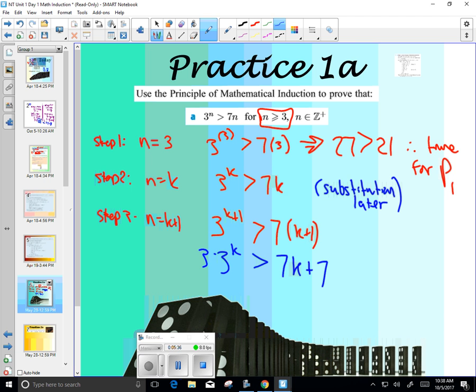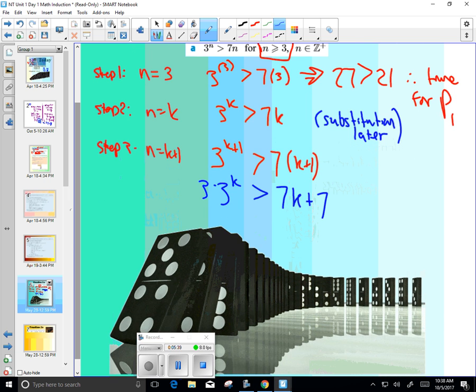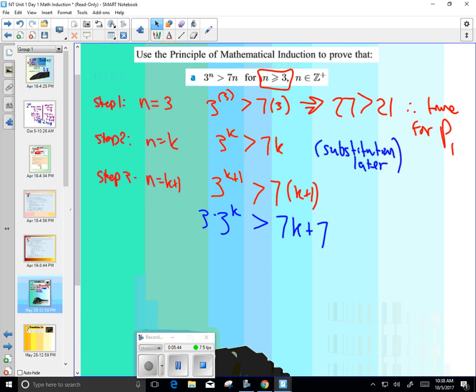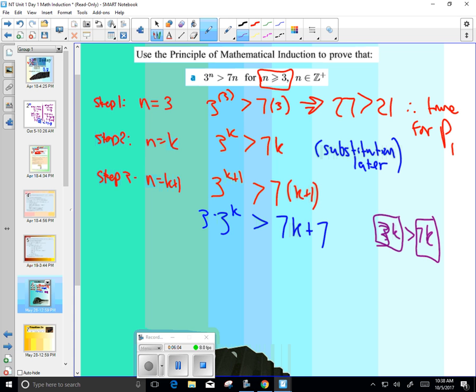Now is where you kind of get stuck. Now what do I do? Well, we're going to go back to my substitution step and say that 3 to the k is greater than 7k. Now, we're trying to show that this is greater than this. So what can I replace 3 to the k with? We can replace 3 to the k with 7k, and this is from my step 2.